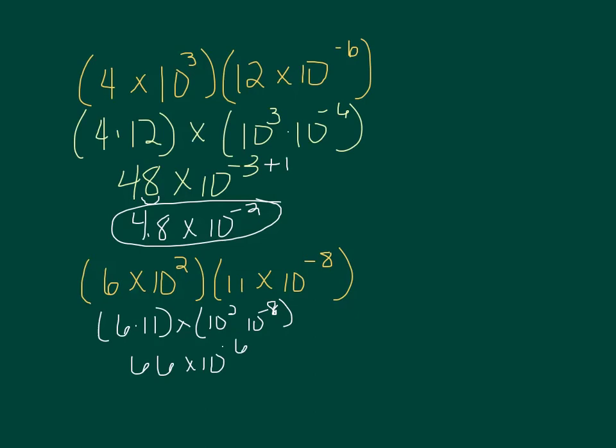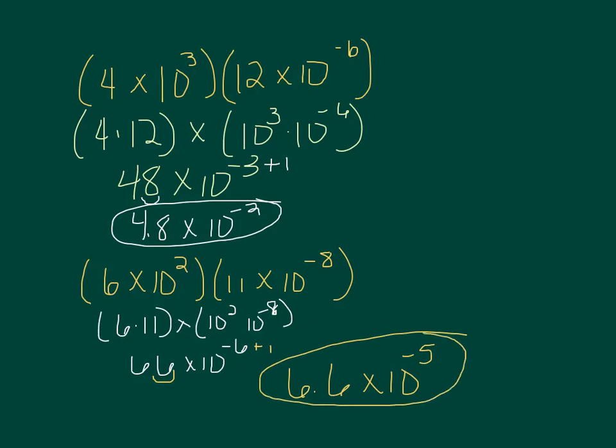Now, is it in scientific notation? No, it's not because that's not between 1 and 10. So I'm going to move my decimal over one time. So I'm going to get 6.6 times 10. Now the number got smaller, so that means this is going to get larger by 1 because I moved my decimal one time. Negative 6 plus 1 is negative 5.